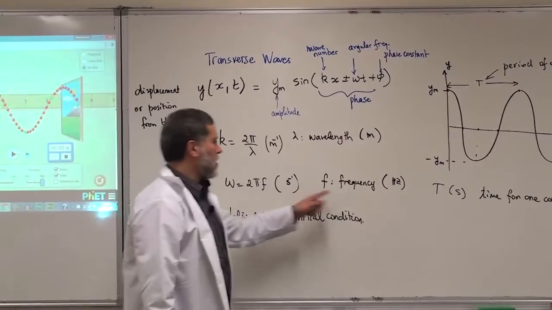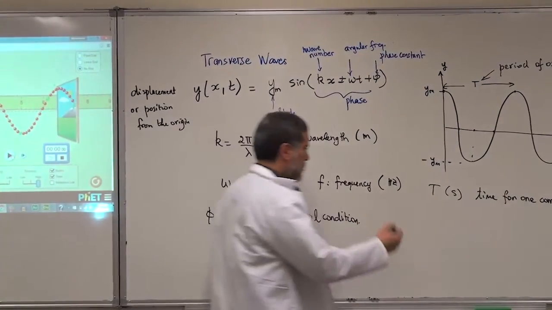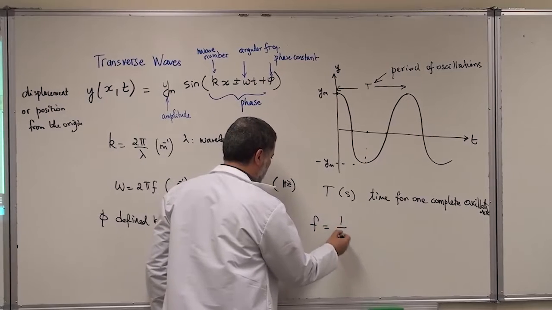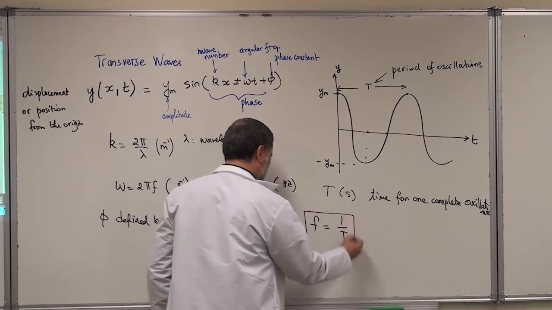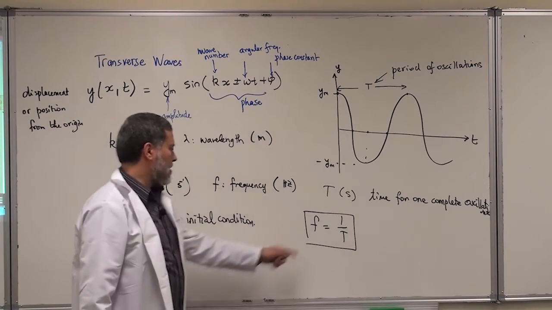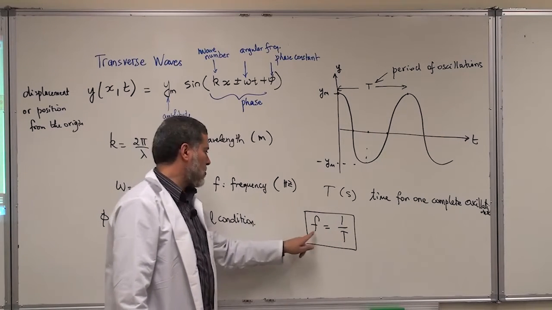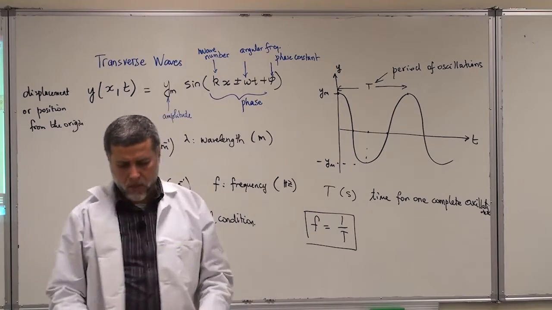Of course, the frequency and the period are related, something that you know before. f is equal to 1 over T. They are inversely related. f is the number of oscillations per second, and T is the time for one oscillation. So these are related by this equation here.